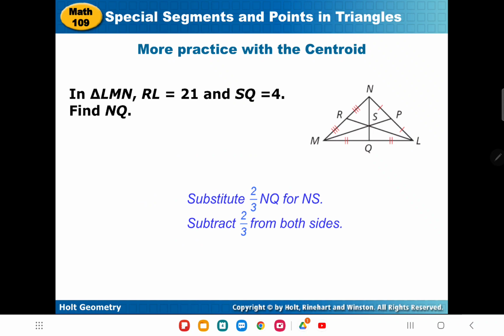Now, if I want to find NQ, right here, I have NQ. Well, I know that SQ, this little bit down here, is 4. So 4 is actually 1/3 of NQ. So since NS plus SQ is equal to NQ, I know that NS equals 2/3 of NQ.